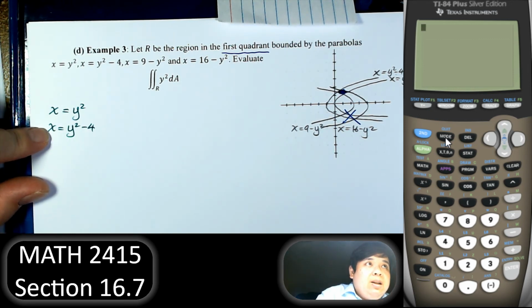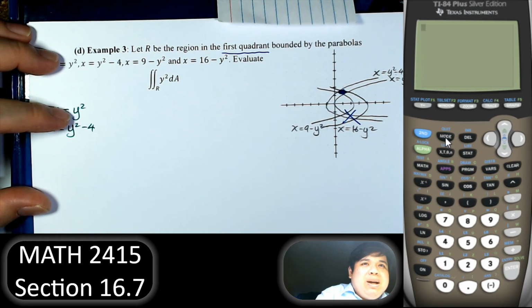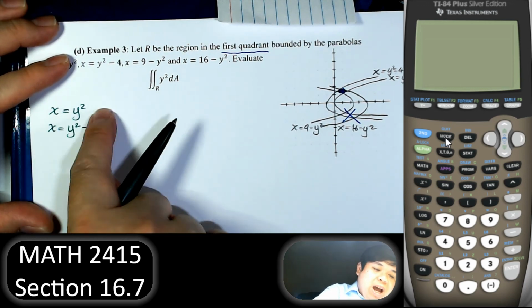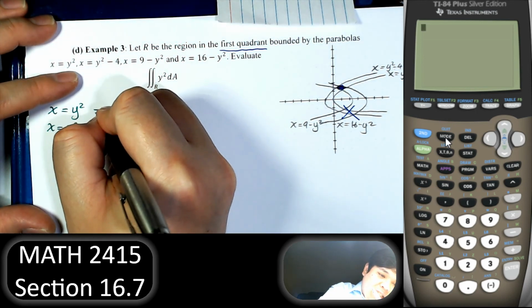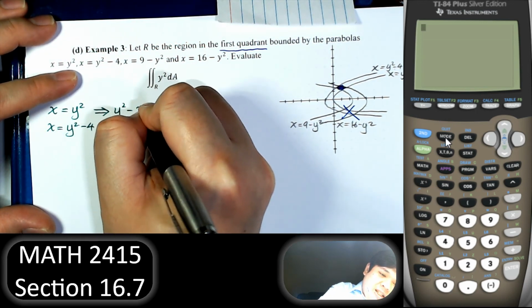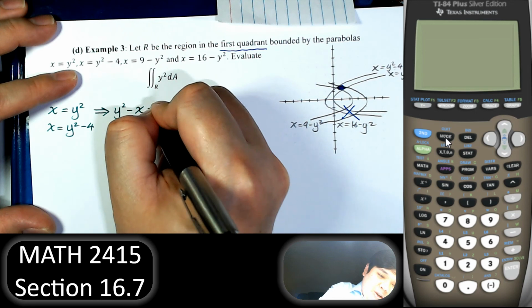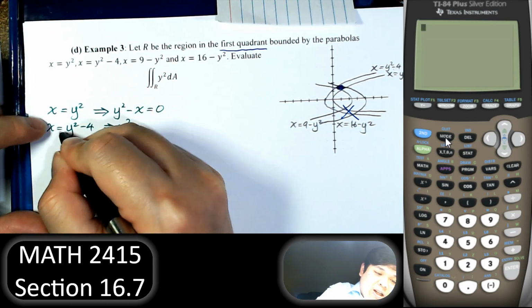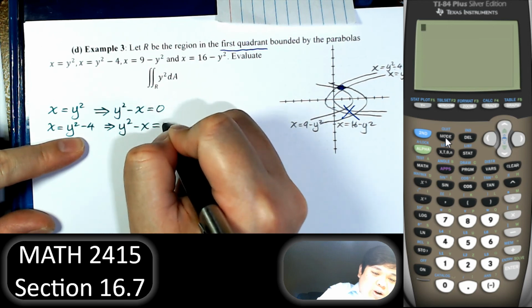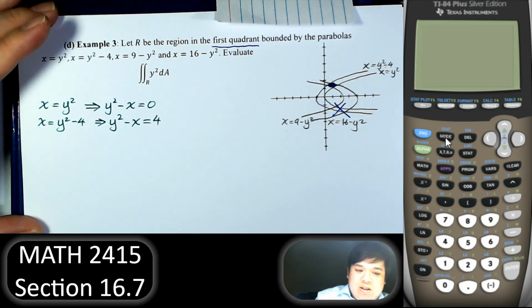Or better yet, let's make things positive this time. Move the x to this side, move the 4 to the other side. So let's say y squared minus x equals 0 and y squared minus x equals 4. Yeah, let's write it like that for once.